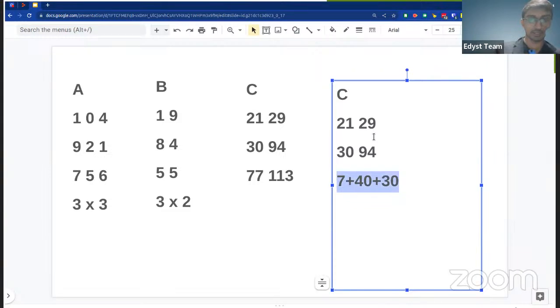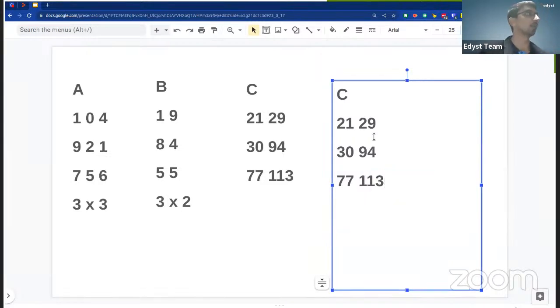This is going to be 77. 7 into 9, 63 plus 5 into 4, 20 plus 6 into 5, 30 becomes 113.